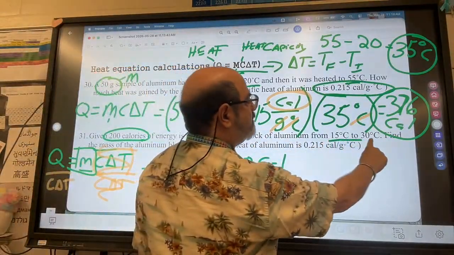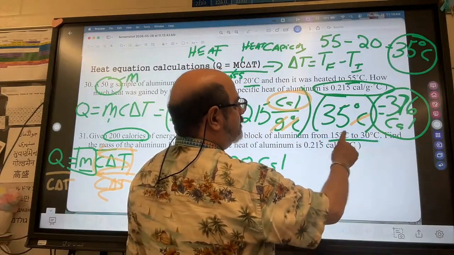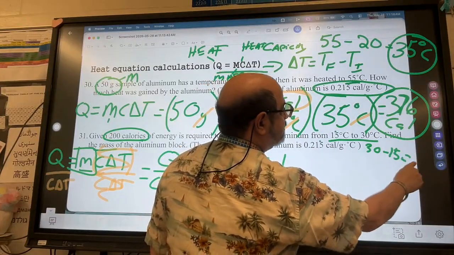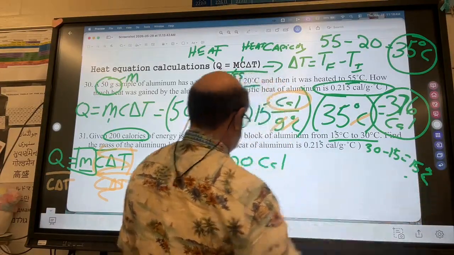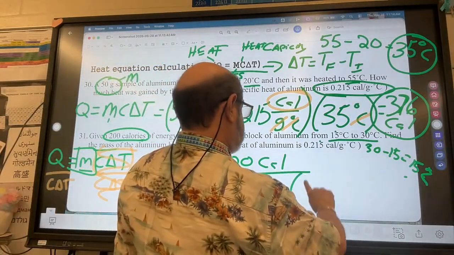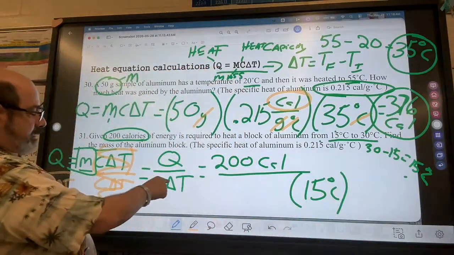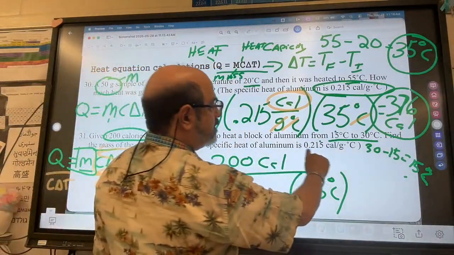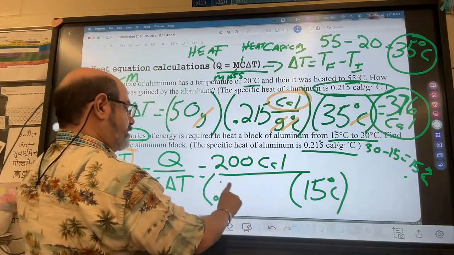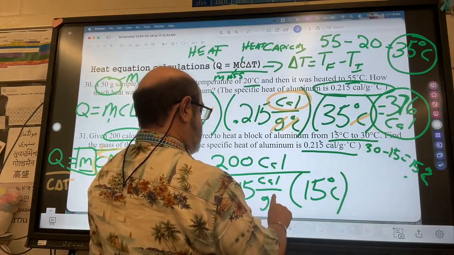Aluminum from 15 to 30, so that's initial, final. So 30 minus 15 gives us 15 degrees C. So that goes down here on the delta T, 15 degrees C. And we need the C, the specific heat, which is given to us right over there, 0.215 calories per gram degree C.